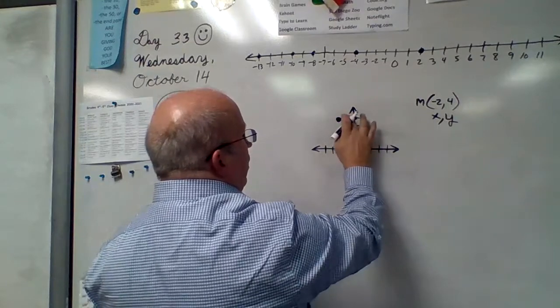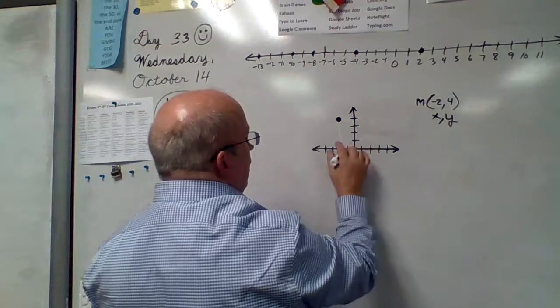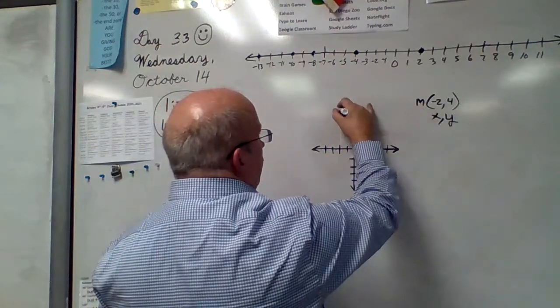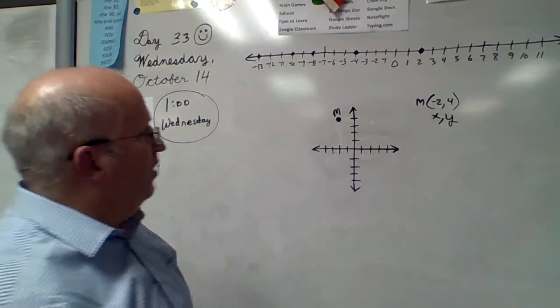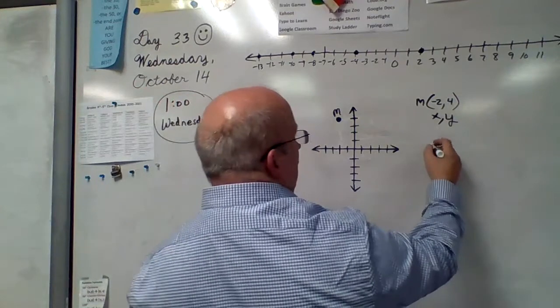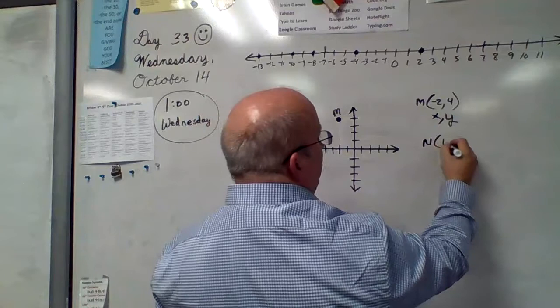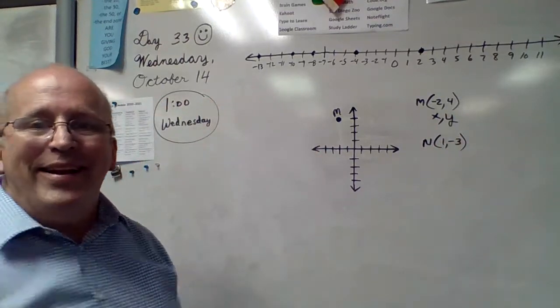We're going to get rid of all this other stuff, and there's one more thing we've got to do yet. We're going to put that letter M right next to it. Done. What if I said locate the letter N at positive 1, negative 3?